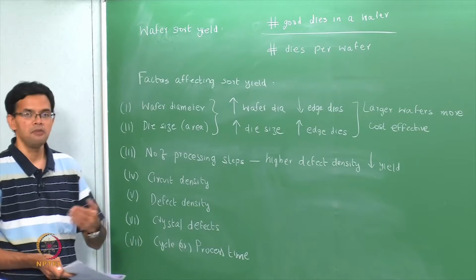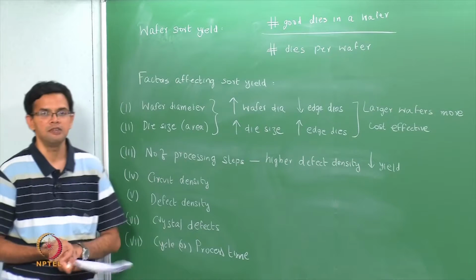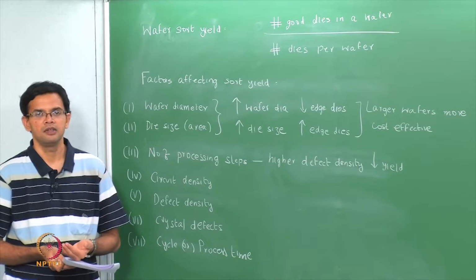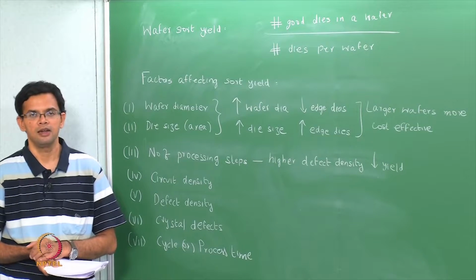So, there are different models which basically look at how all of these defects affect the fab yield. So, let us look at some of the yield models that are currently being used.